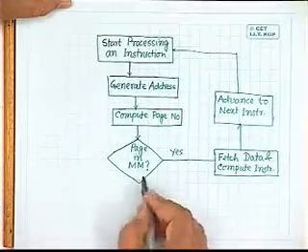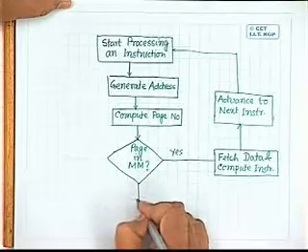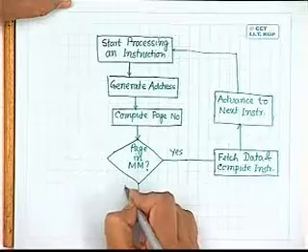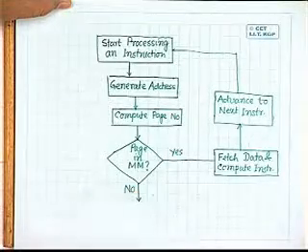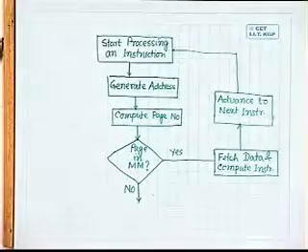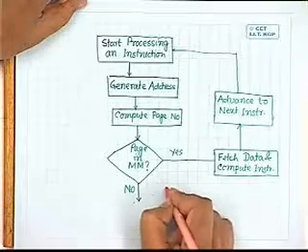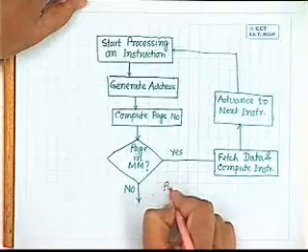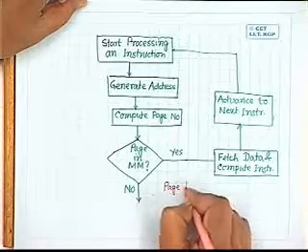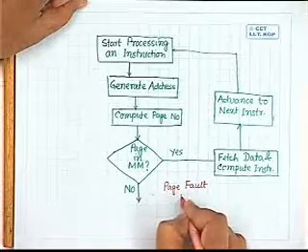Now, in case the page is not available in the main memory, then you have the problem when a page fault interrupt is generated. So this is the condition when you generate a page fault interrupt. So here we put page fault interrupt.